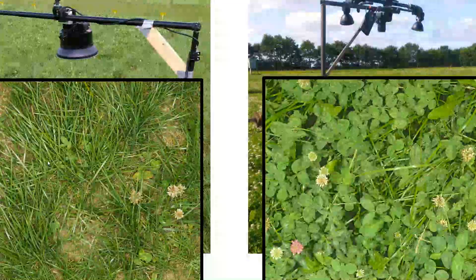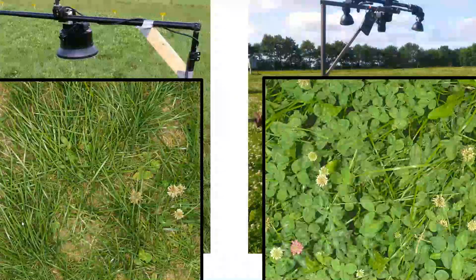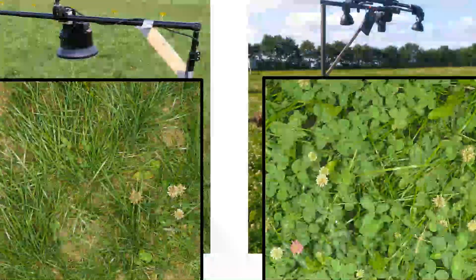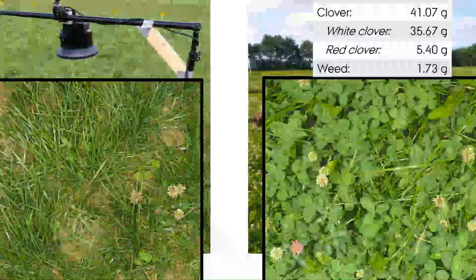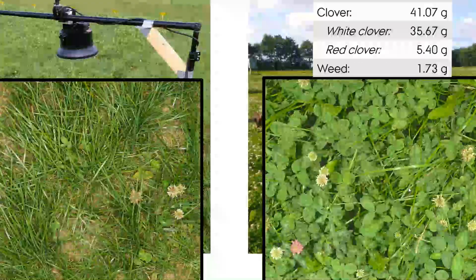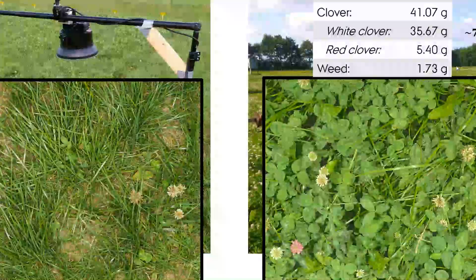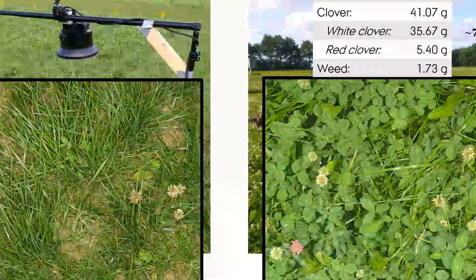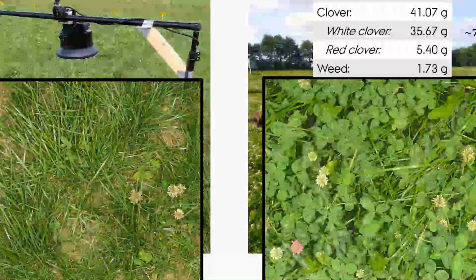And it's pretty easy for us, at least, to see what's going on. On the left-hand side, it's primarily grass, and the right-hand side is pretty rich in clover. And if we take a look at the corresponding biomass label, we see that we have approximately 72% clover of the dry matter in the right-hand side.